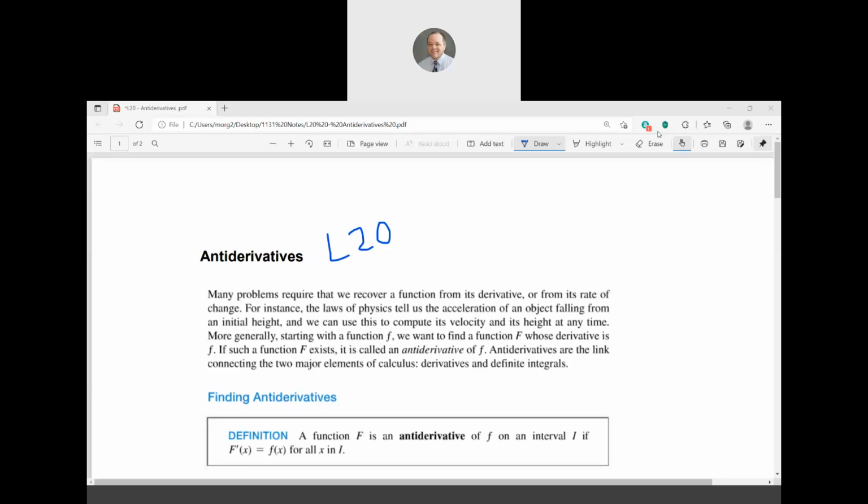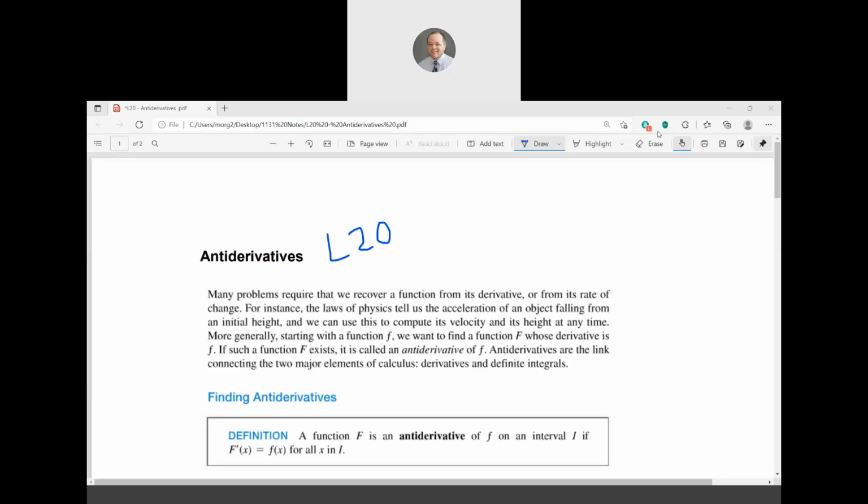More generally, starting with a function small f, we want to find a function capital F whose derivative is lowercase f. And if such a function, capital F, exists, then it's called an antiderivative of lowercase f.